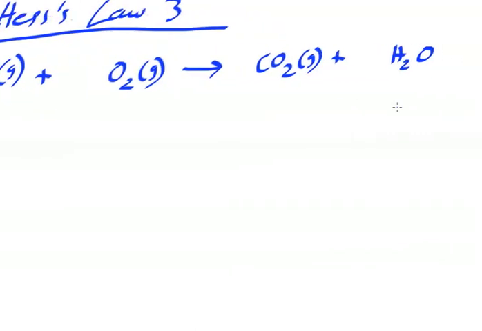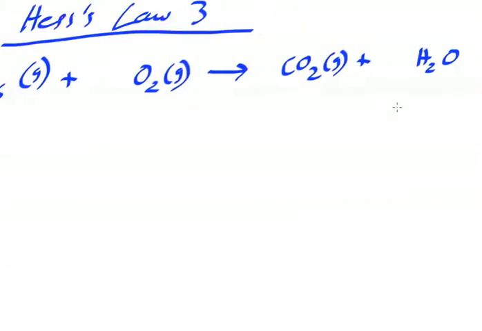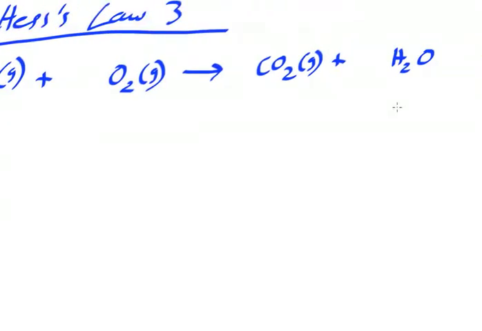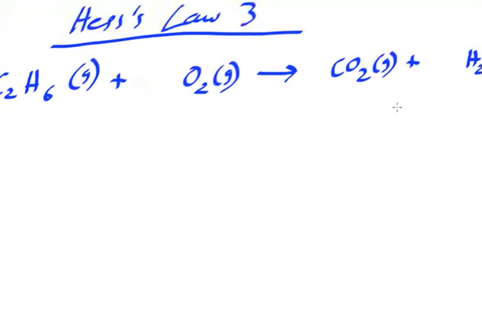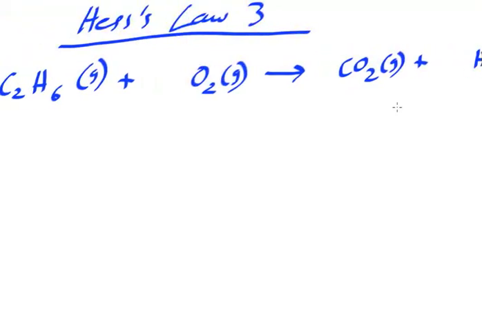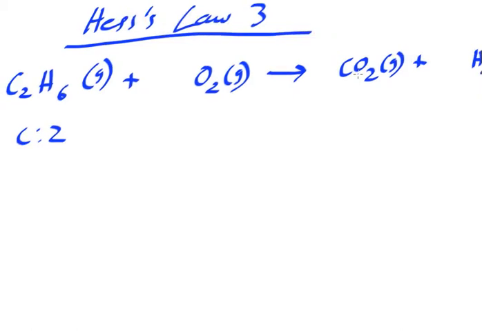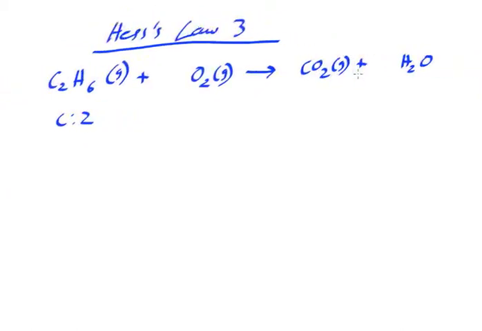Okay, this thing isn't balanced, so we're going to need to balance it. And the easiest thing to do is balance the carbons first. So I've got two carbons on this side, and on this side there's just the one carbon. So I'm going to fix that by putting a 2 in there.